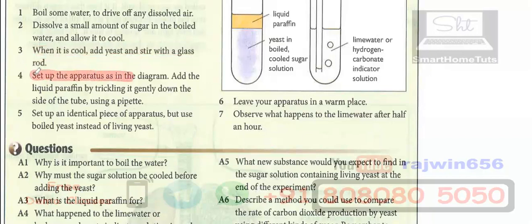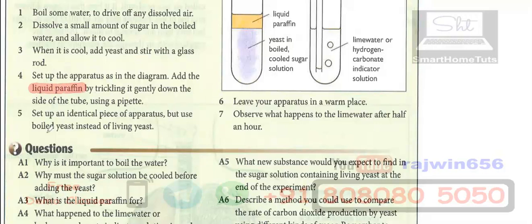Set up the apparatus as in the diagram. Add liquid paraffin by trickling it gently down the side of the tube using a pipette. We are going to have a look at these apparatus. We are also going to see the reason, which will be there in the questions part, why we are adding this liquid paraffin.